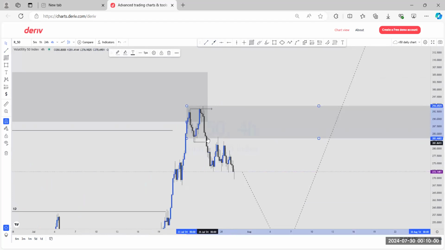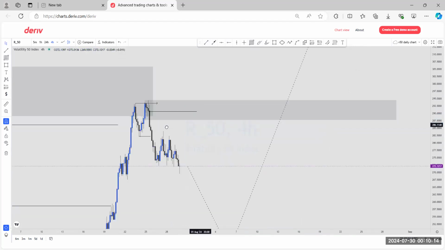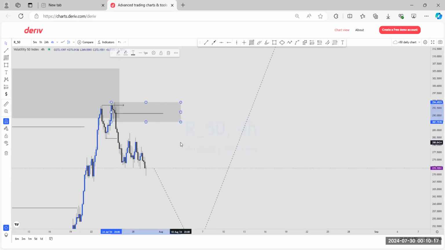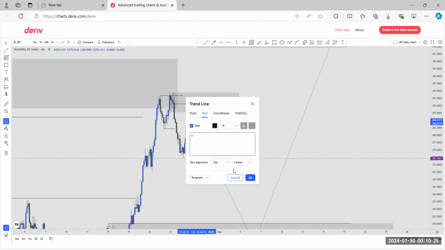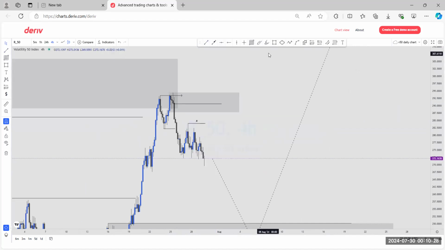And price has all of these imbalances right here at the top, which I believe, if we want to sell, we have to wait for price to really get back in there to fill that up inside of that other block. And price has engineered some liquidity here, which I believe price is going to sweep up and then drop to the downside.